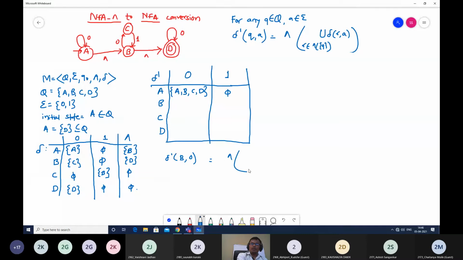Correct? This will be null closure of union of delta of R comma 0, where R belongs to null closure of B. What is null closure of B?